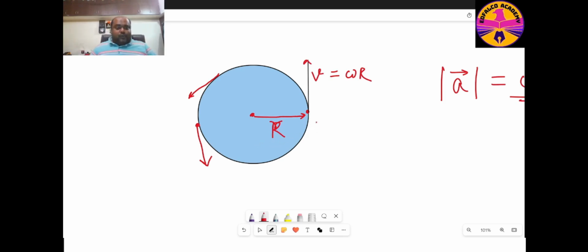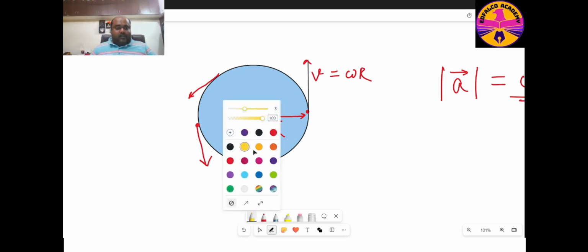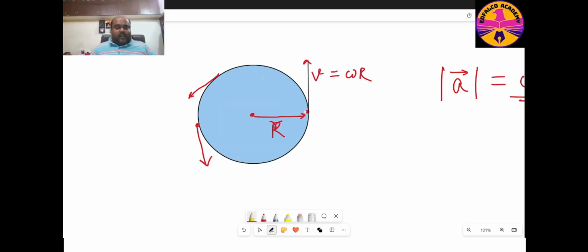And also, we have studied that the direction of acceleration will be towards the center. So you can see that it will always be towards the center, trying to pull the body always towards the center, right?